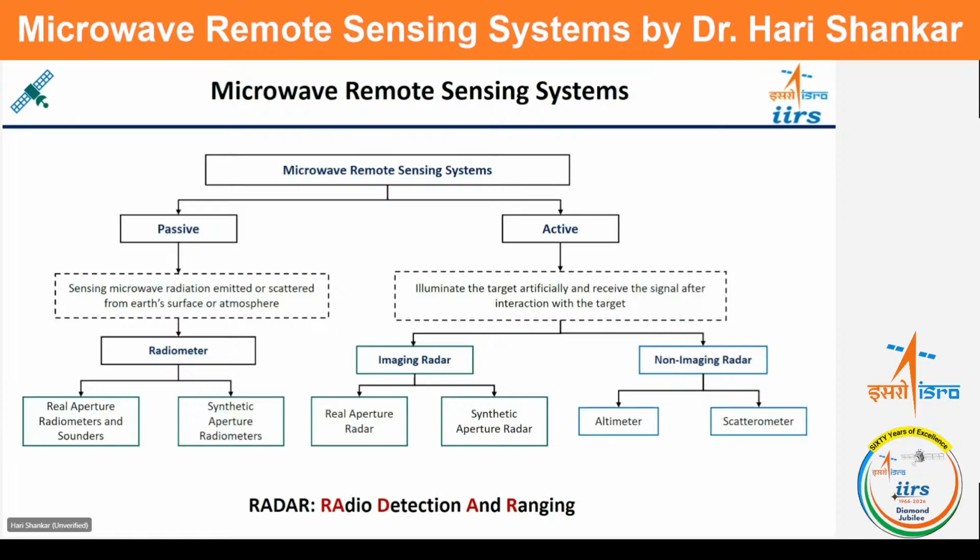So hydrology studies you can do using the altimeters also. And if you have a very precise DEM also, then you can calculate the depth of the water also. That is called bathymetry. So bathymetry applications can be done easily with the help of the altimeter data sets.